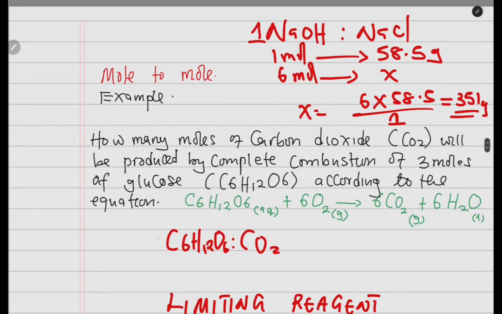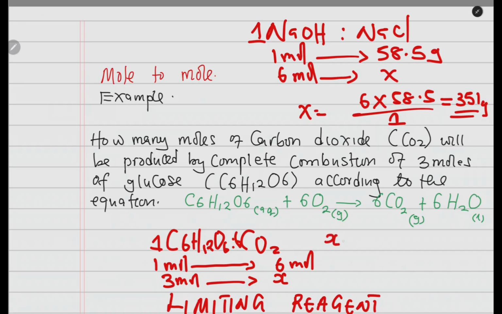They are saying, from the balanced equation, in front of carbon dioxide, we have a 6. So 1 mole of glucose undergoes combustion to produce 6 moles of carbon dioxide. What about 3 moles of glucose? How much carbon dioxide will it produce?